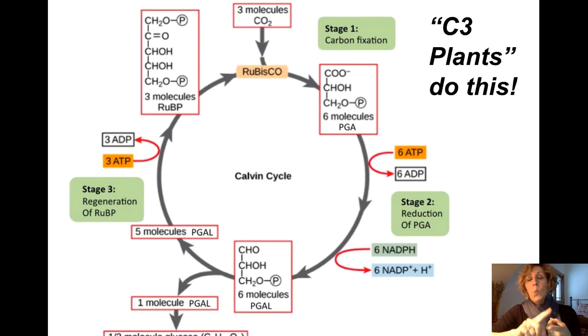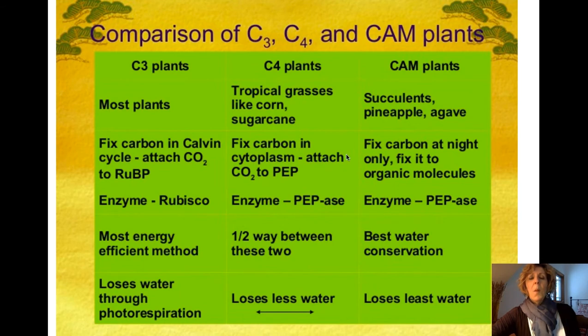So, for example, wheat, soybeans, rice, all the trees, or most all the trees, so about 95% of plants do this type of Calvin cycle, and we call those C3 plants because of this 3-carbon molecule that's generated here when CO2 is fixed. But as it turns out, in hot, drier environments, there are different types of photosynthesis.